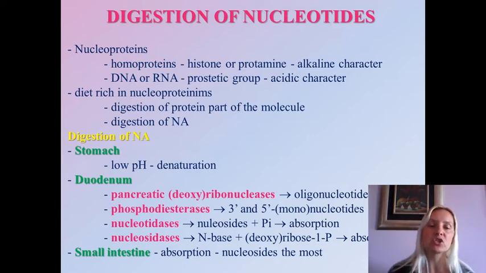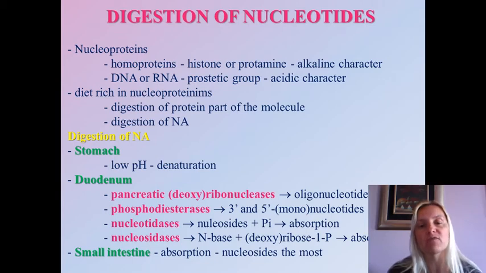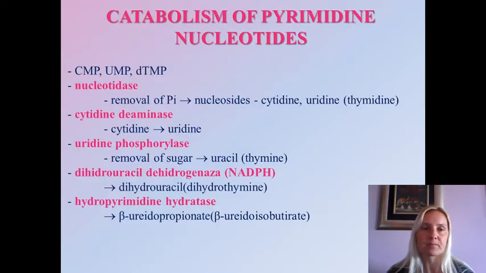Also, we have a bunch of nucleosidases, which are actually responsible for cleaving nucleosides to nitrogen base and sugar moiety, which is actually phosphorylated, so to deoxyribose 1-phosphate, and those products are also absorption ready. So absorption occurs at the level of small intestine and predominantly nucleosides are absorbed.